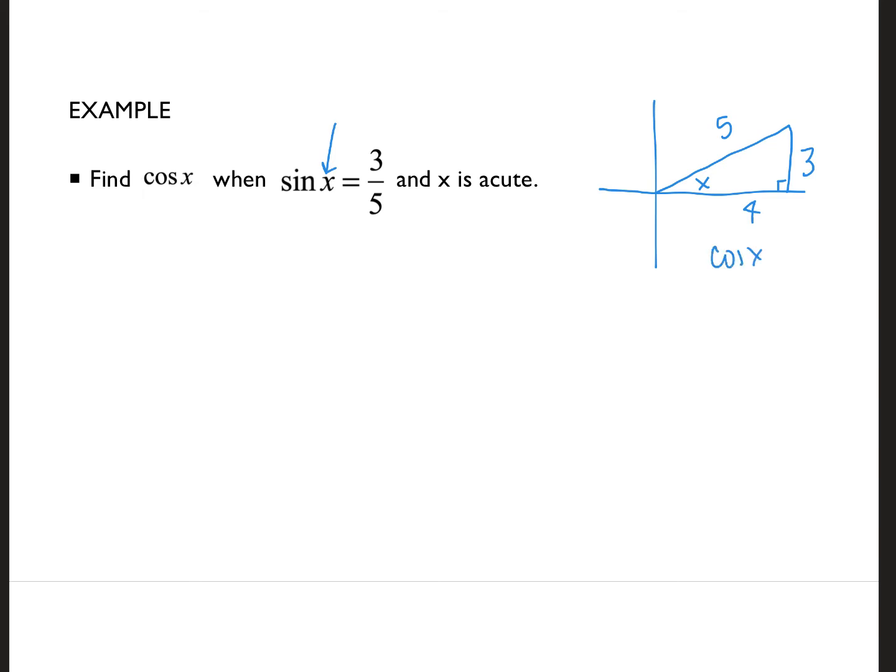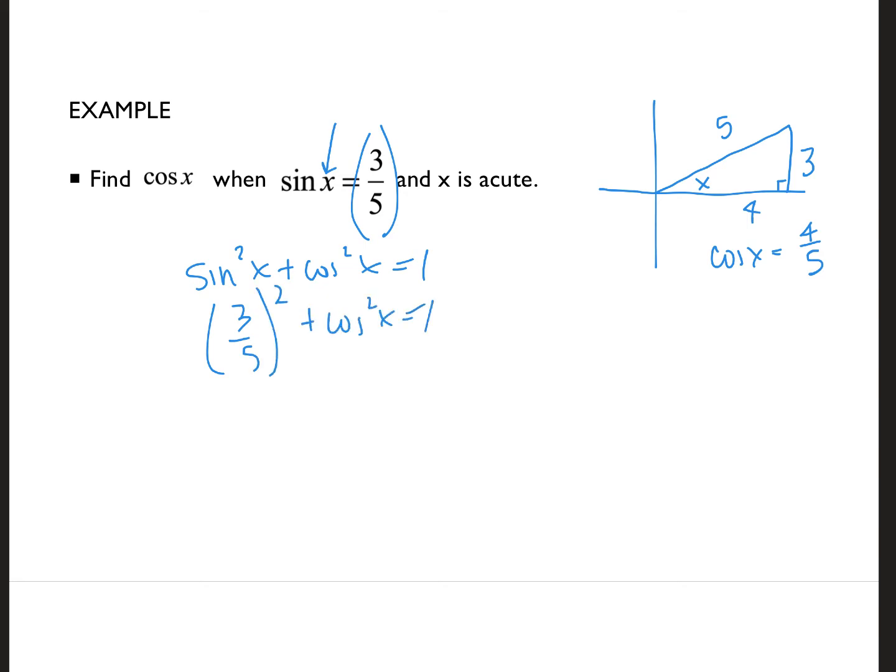The cosine of the angle is the adjacent side over the hypotenuse. Now, maybe you used the formula, right? There's a formula that relates sine and cosine. It's right here. So let's put in what we know. We know that the sine is 3/5. So if I put 3/5 here and square it, I should be able to solve this.